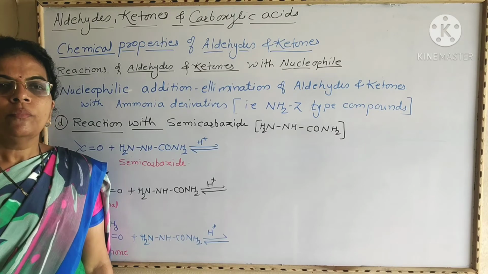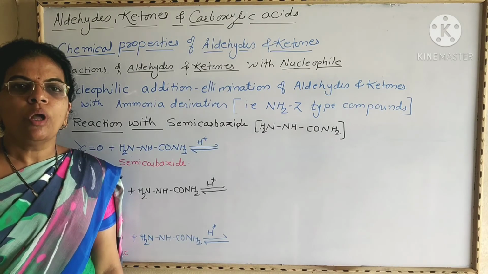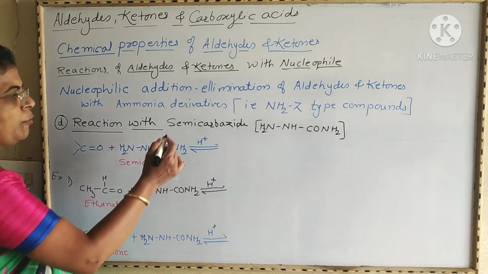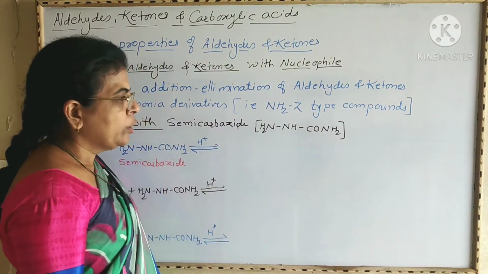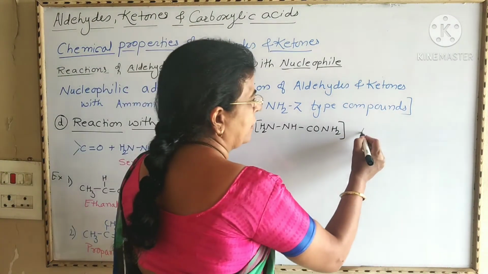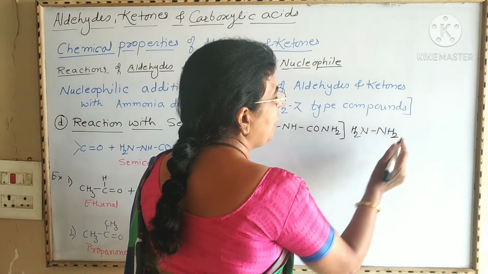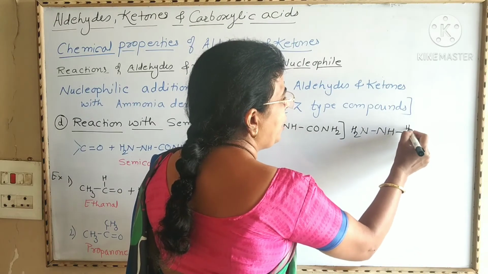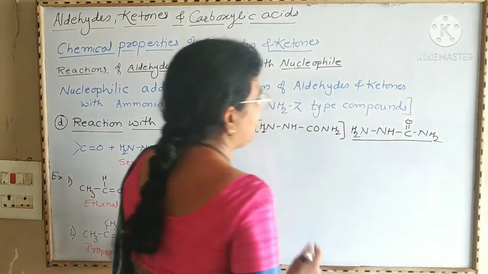Fourth, nucleophilic addition-elimination reaction of aldehyde and ketone with semicarbazide. Now here the formula of semicarbazide is NH2 NH CO NH2. That is from hydrazine. Now this is hydrazine, and when one hydrogen atom from this hydrazine is replaced by an amide group, then it becomes semicarbazide. This is semicarbazide.